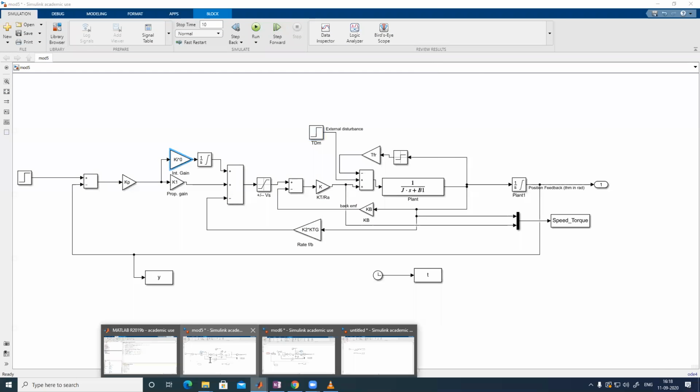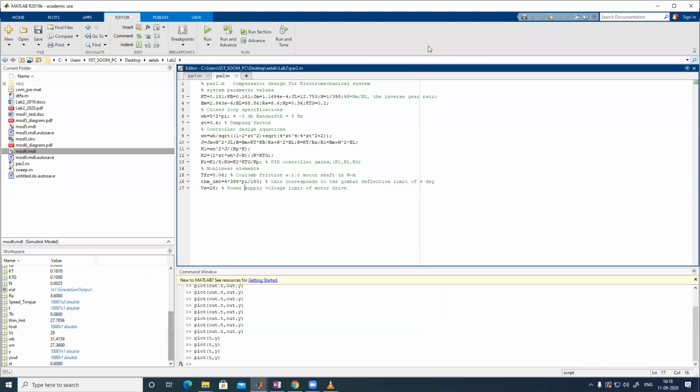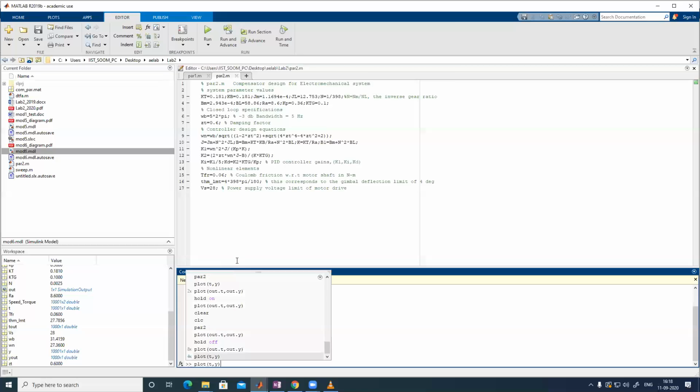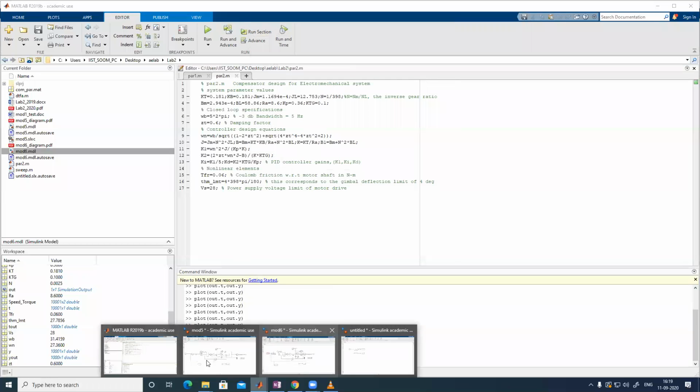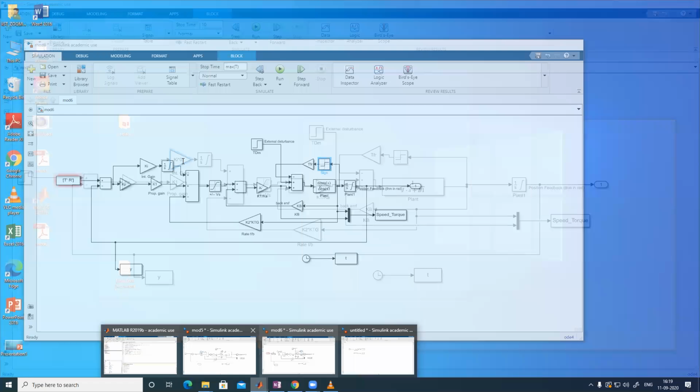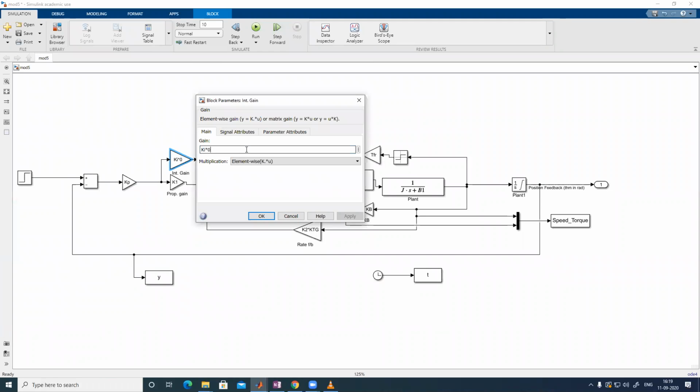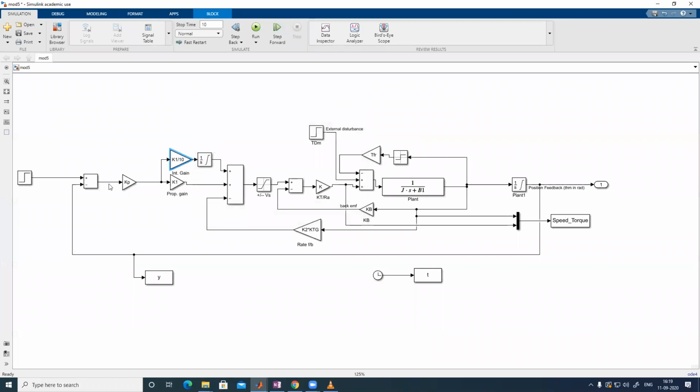Then you have to plot it, and this value is correct. And then you have to change Ki to K1 divided by 10, then K1 by 5. Like that you have to do.